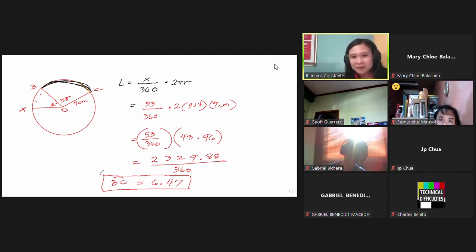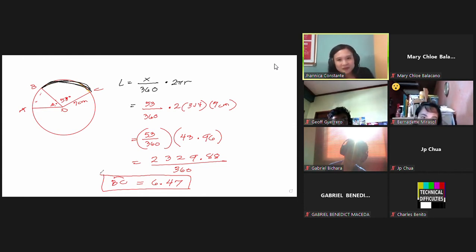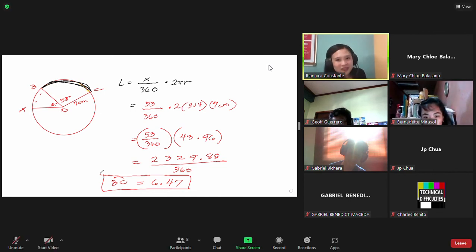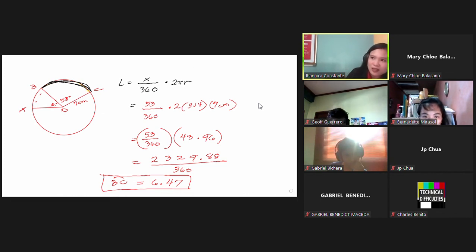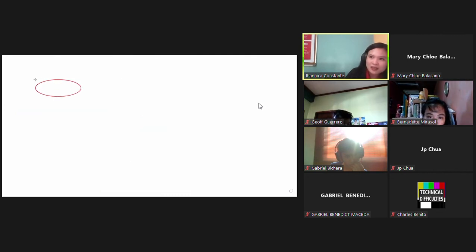Okay na. For the length of the arc, question. Okay na tayo for the length of the arc. Sige. Try to solve for the length of the arc of this circle. Example, we have this circle.